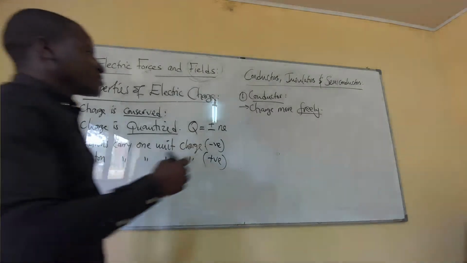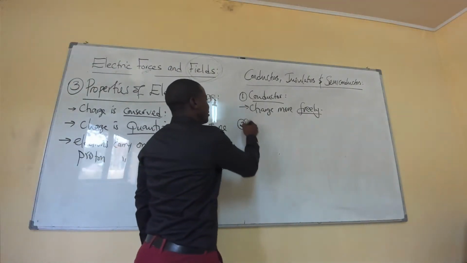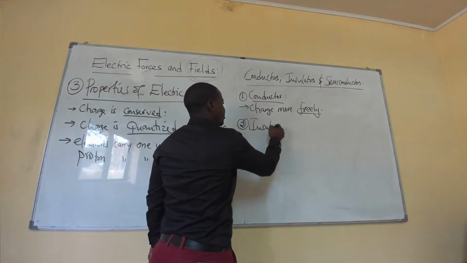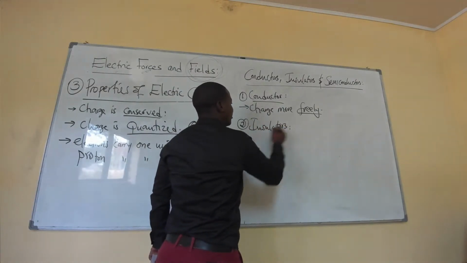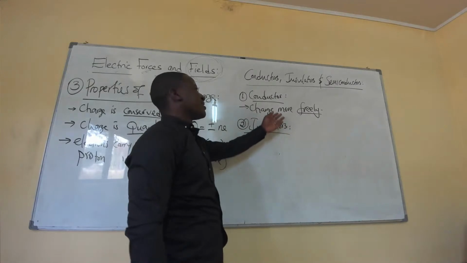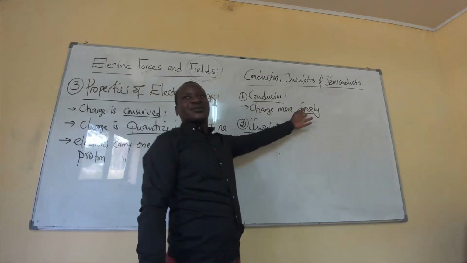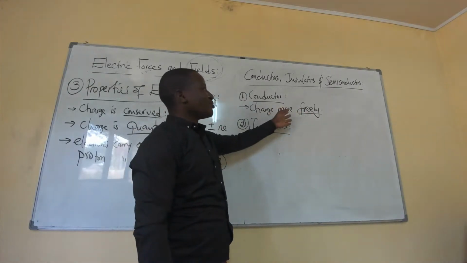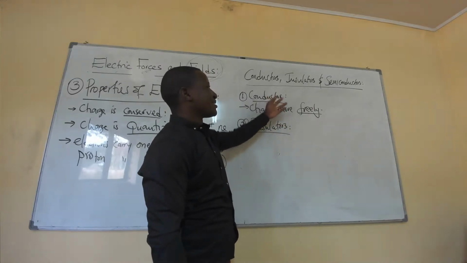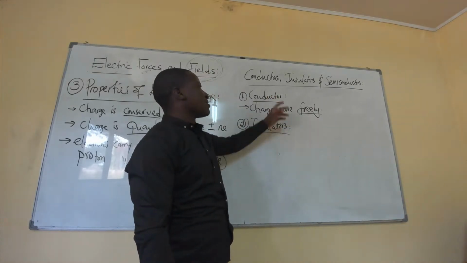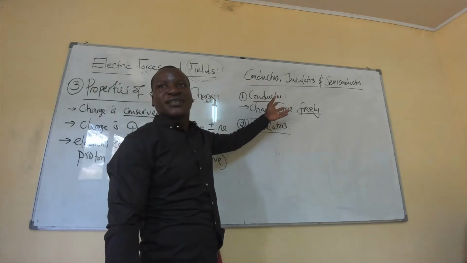Then, in insulators, of course, we can give examples here. You know a lot of conductors. At times, you may be asked to just give 2 examples of conductors.